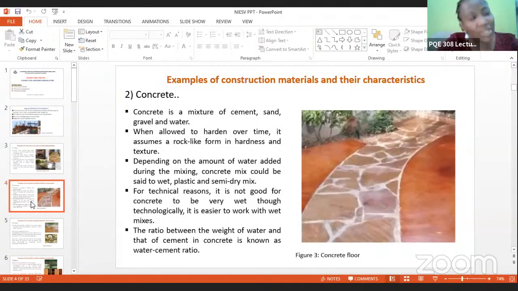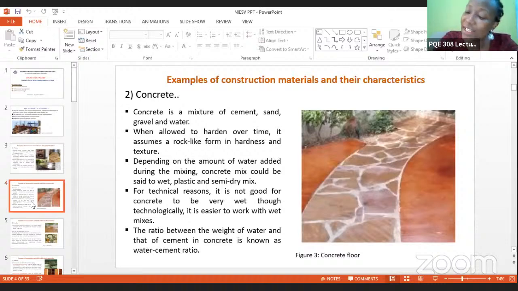Now, sometimes, by the time you are mixing your concrete, if the water-cement ratio is 0.4, it might not be easy to work with. You might notice that your concrete needs water to be able to mix it very well or make it more workable. That is when you need what we call admixtures.